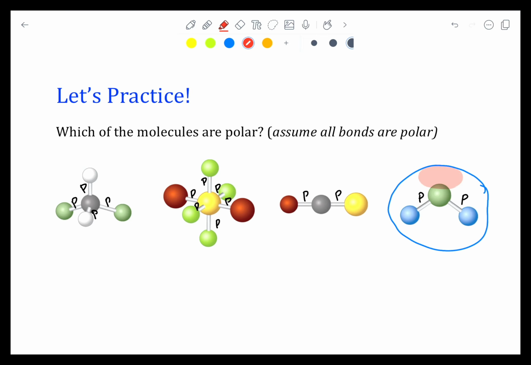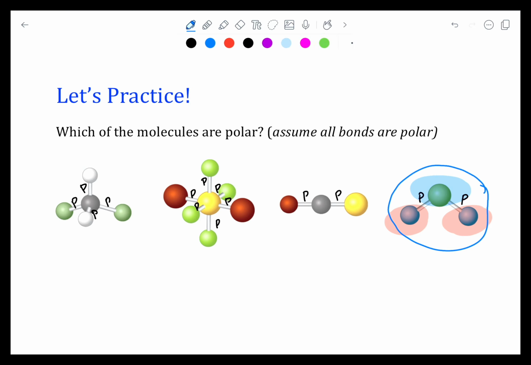So we know that we have some portion up here that the electrons are being pulled towards that's going to be more negative, and some portions that are going to be more positive. Now this could be reversed. This could be that the blue ones are more electronegative, so the electrons are being pulled this way, and there's more of a positive on that central atom. But either way, it still shows that there's an unequal sharing of the electrons, creating a polar molecule.